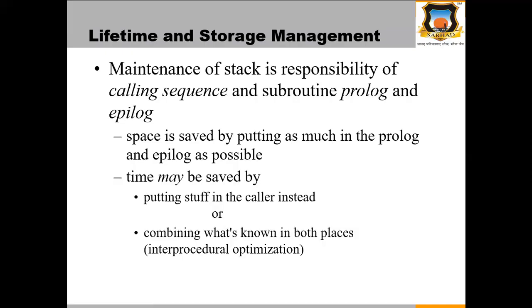Maintenance of the stack is the responsibility of the calling sequences and the subroutine's prologue and epilogue. Space is saved by putting as much in the prologue and epilogue as possible. Time may be saved by putting stuff in the caller instead, or combining what's known in both places.